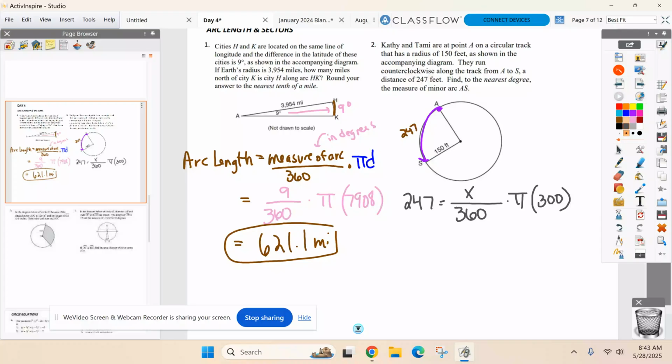So I'm going to let you guys play around right now. You got to get rid of the 360, the 300, and the pi eventually. I don't care what order you do it in, but you have to get rid of them. And then we'll talk nearest degree.